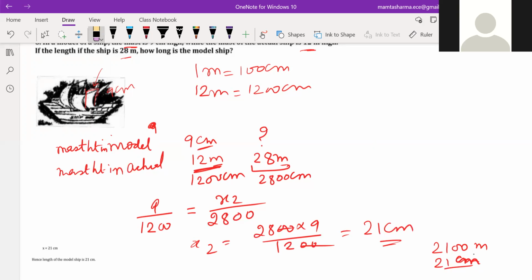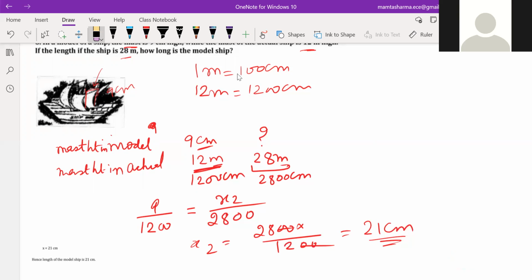Ma'am, but I'm getting x square as 21 centimeter. Yes, this would be, ma'am, 21. Even I got 21 centimeters. Yes, 21 centimeter or 1 centimeter equal to 1 by 100 meter. This will be 0.21 meter.